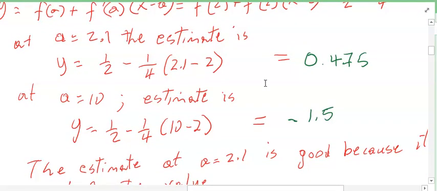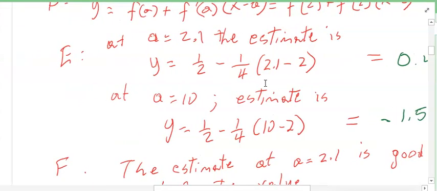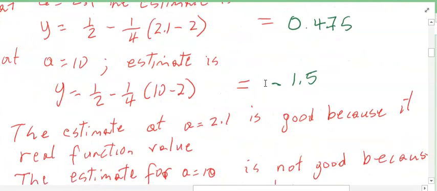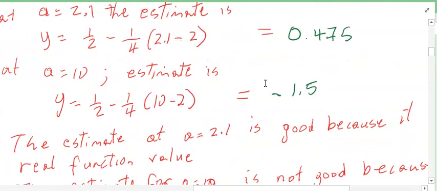In the last part, we want to say whether or not the estimates are good or bad. In order to determine whether the estimate is a good approximation, we want to find the real value, f of 2.1.